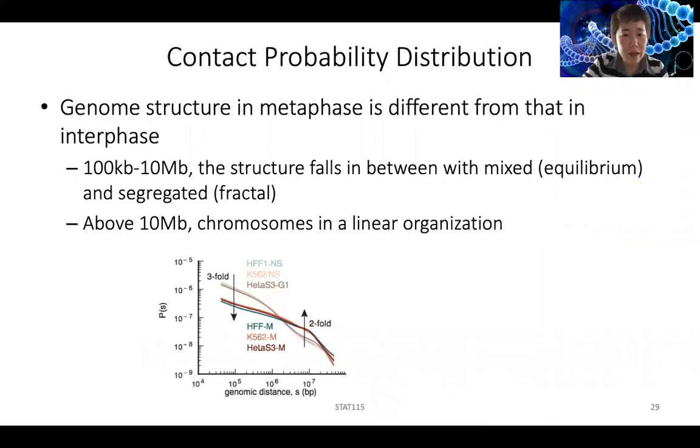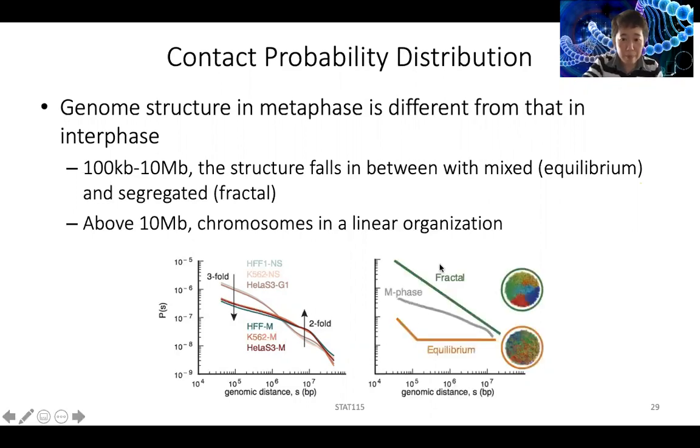Also interestingly, what they observe is that during the cell cycle, the chromatin is changing between equilibrium and fractal, depending on the regions. And so during the cell cycle, the contact map can also change. You can see here, this is the fractal interaction.